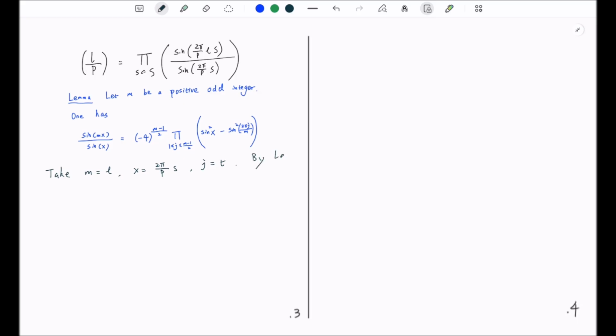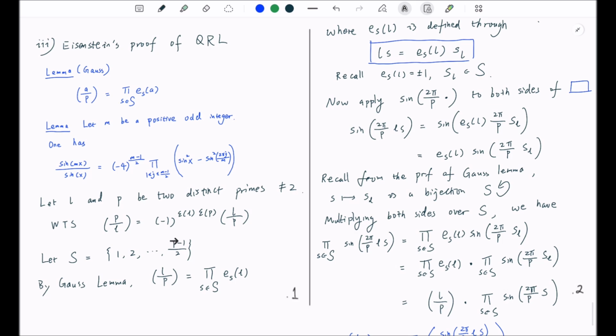So by this lemma, we have, and because this capital S is a set of integers from 1 to (p−1)/2, we can replace this capital S by something more explicit.